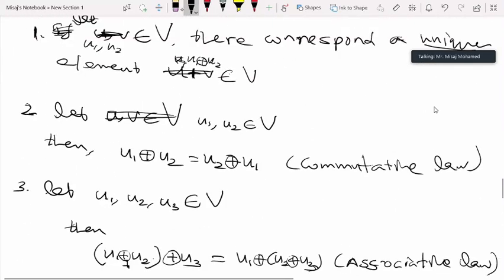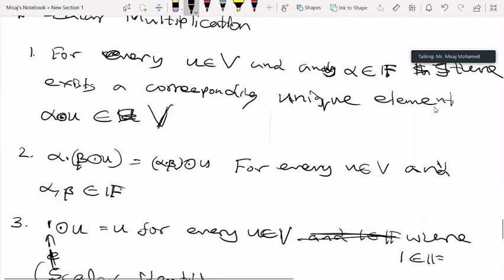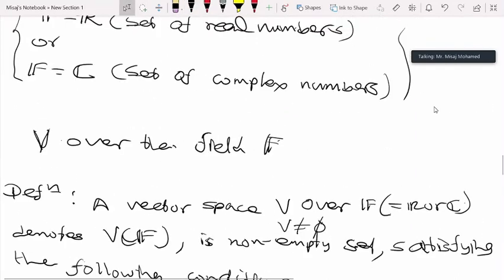V is a vector space over F. Right? V is a vector space. For V to be a vector space, the properties below must hold. So how many properties? 10 properties.